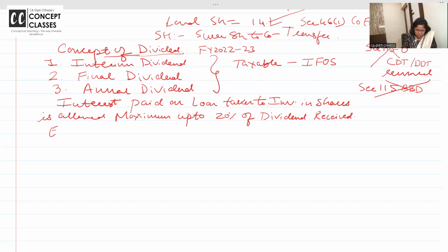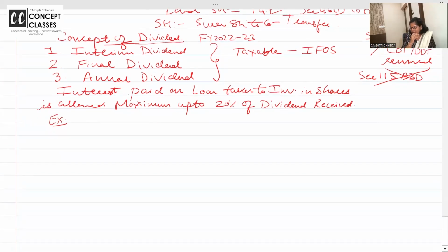Example, I want all of you to write. These are, ma'am, ye aap kya padha rahe hain capital gain mein? These are the minute things which are asked in MCQs and questions, and the answer will go wrong. So I might take one class extra, but I wanted to teach this in depth. Ye important hai. Ye dekho. Suppose example, I have received dividend rupees 1 lakh. Are you all comfortable listening and writing? I can't give you कि मैं पूरा screen भर दे रही हूँ, बैठ के आप लिखो. You write with me.